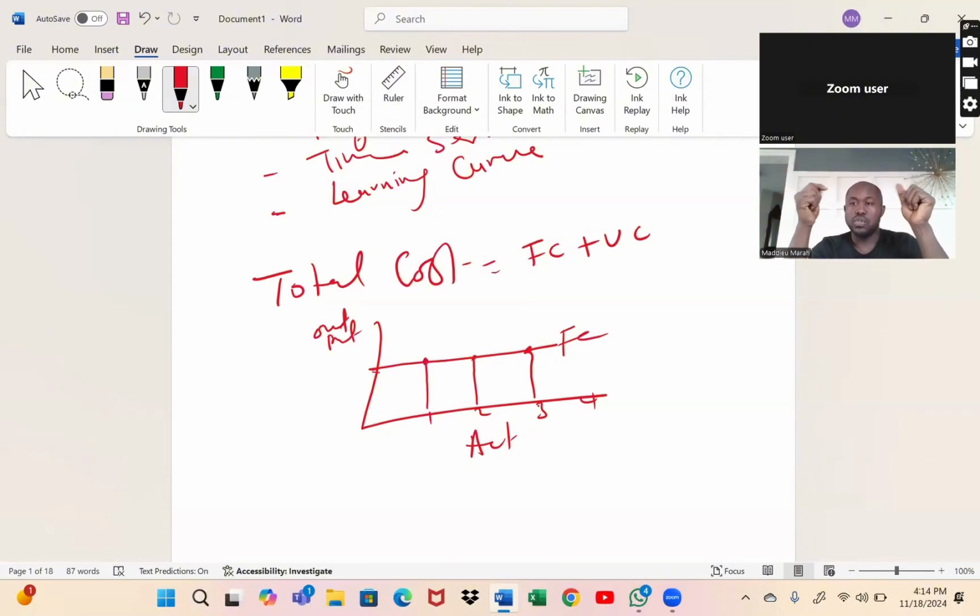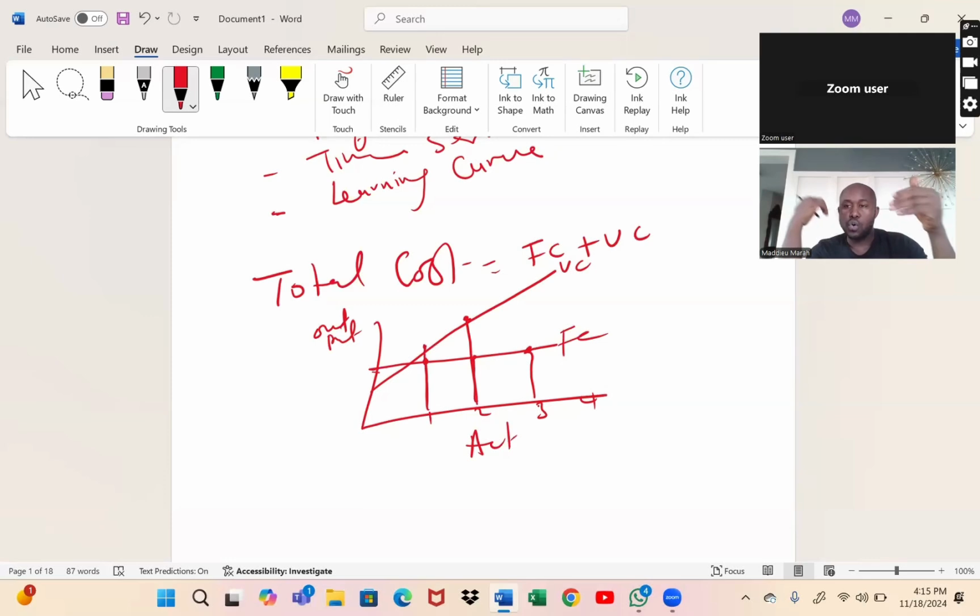Now, variable costs. Variable costs are costs that change in line with the level of activities. When activity changes, variable costs also change. Now, for instance, variable costs go this way. These are variable costs. So at 1, we can have variable cost here. At 2, our variable cost keeps changing, going up. As activity goes up, variable cost goes up.